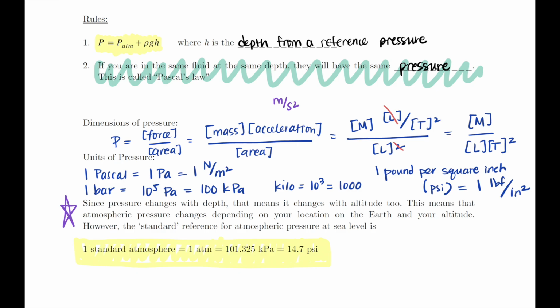So kPa is 1,000 pascals. And then another common unit is 1 pound per square inch, or PSI. And that is equivalent to 1 pound of force per square inch, like so.